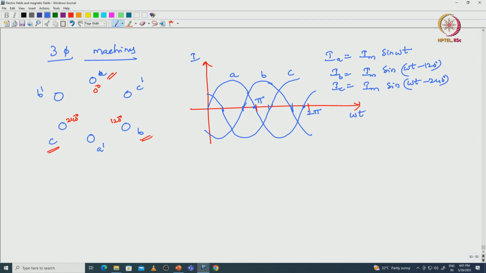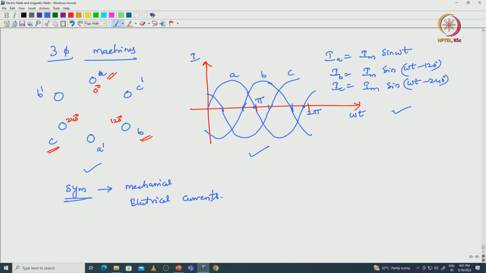Now we are giving symmetrical electrical excitation as well as symmetrical mechanical displacement, symmetrical mechanical displacement and electrical currents.